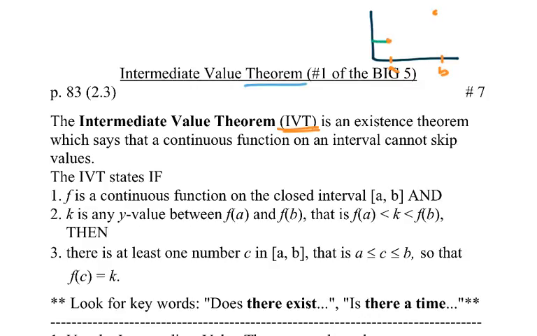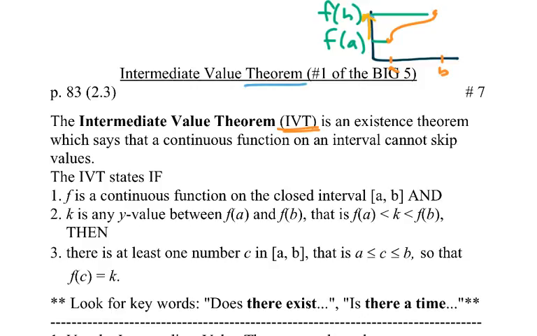So this Y value that corresponds with A is f of A, and the Y value that corresponds with this X value of B is f of B. So we basically have this function, and let's assume it's continuous, that goes from A to B. What IVT says is that that function has to pass through every Y value on its way from f of A to f of B. It's as simple as that. I'll say it one more time. The function has to pass through every Y value on its way from f of A to f of B.